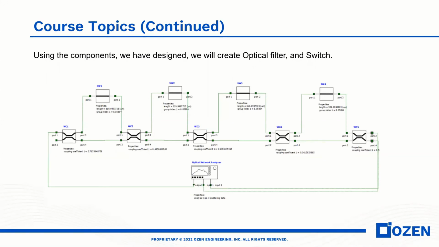Next, using the component that we have designed in previous section, we will create optical filter and switch. As you see in this picture, we use a directional coupler, we use a waveguide, we use a different instrument like optical network analyzer, and next.